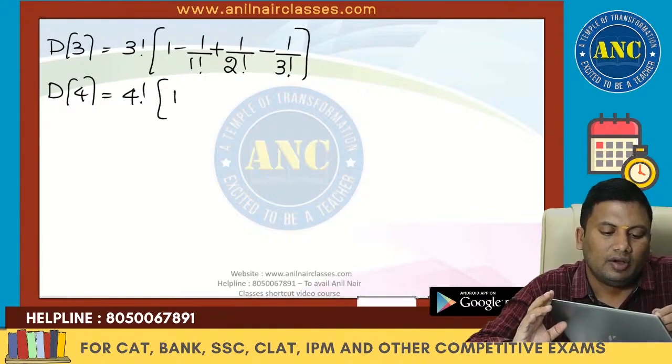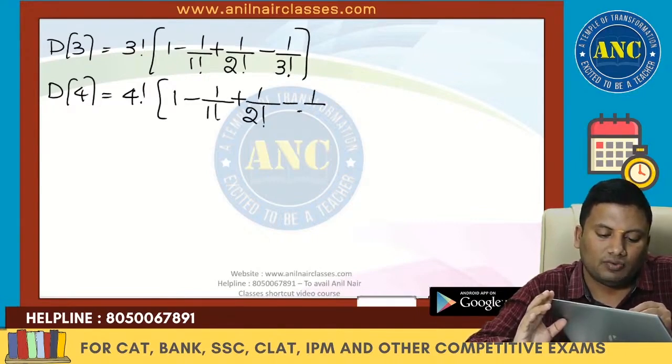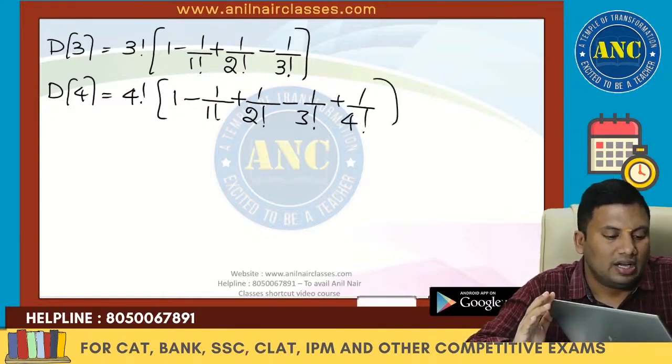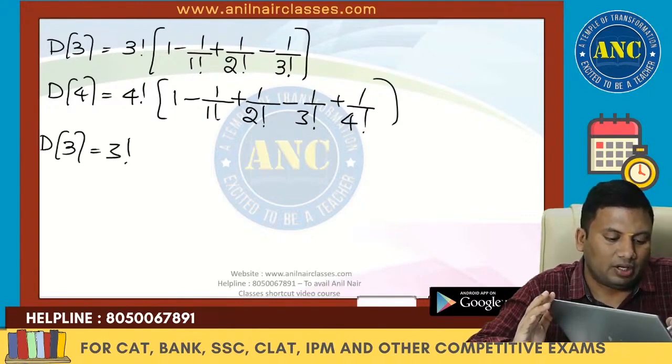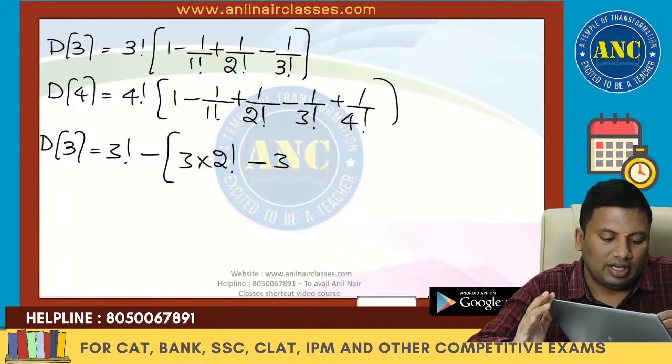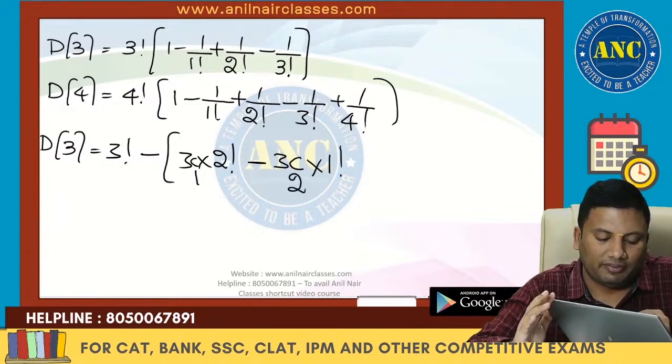Similarly, you will get 4 factorial into 1 minus 1 by 1 factorial plus 1 by 2 factorial minus 1 by 3 factorial plus 1 by 4 factorial. I hope it is clear. So what we got? D of n is nothing but 3 factorial minus 3 into 2 factorial minus 3C1, it is 3C2 into 1 factorial, and it is plus 1.